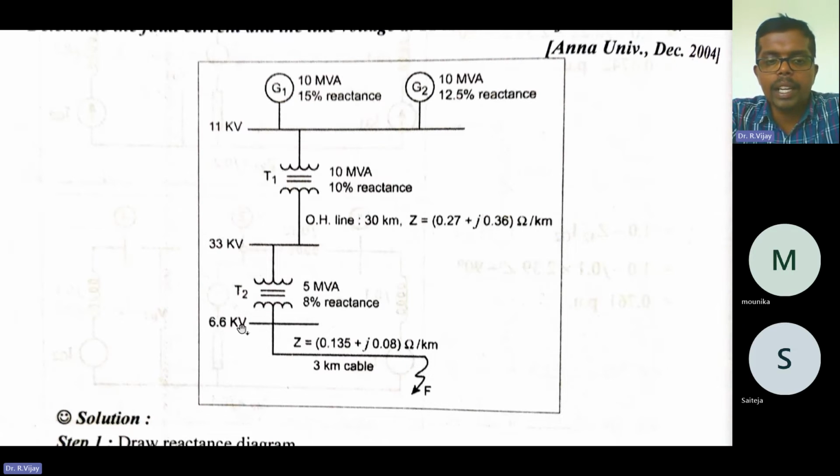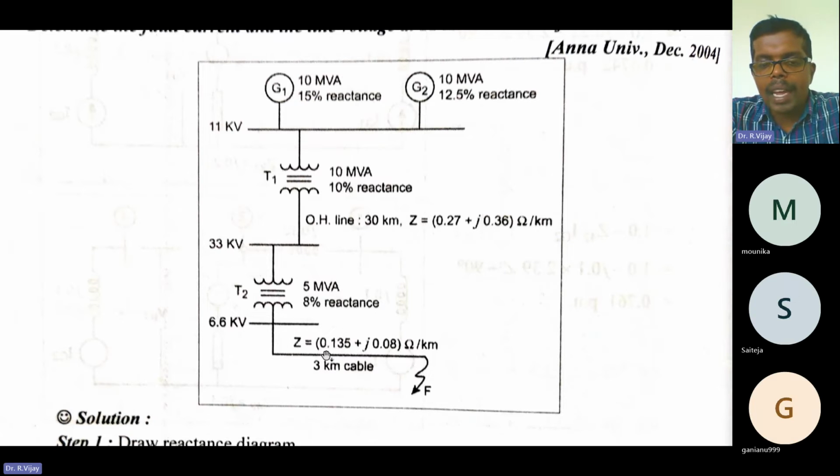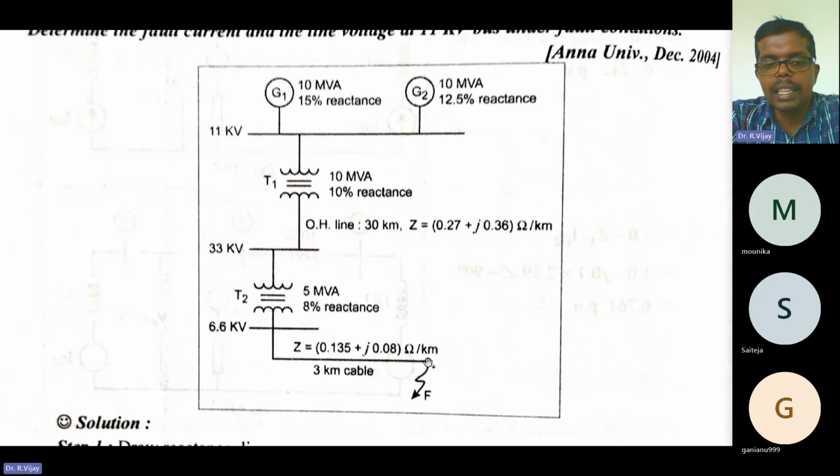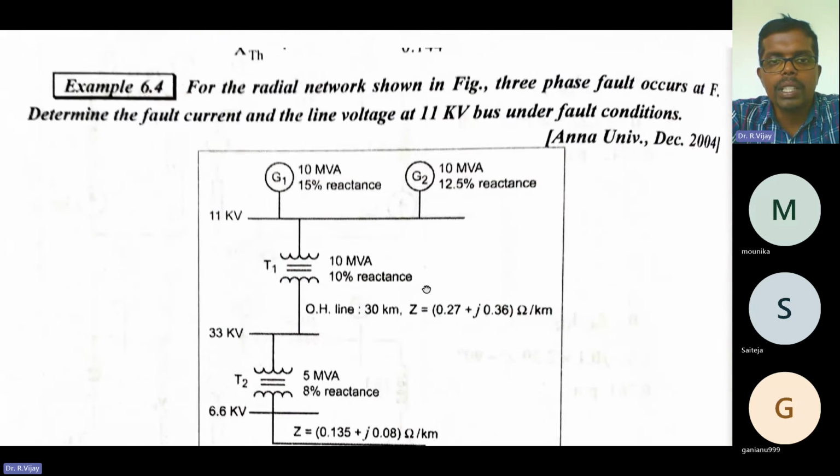Again, it is connected to 6.6 kilovolt, and again there is a cable. The cable is 3 kilometers long, and we have the impedance Z equal to 0.135 plus J into 0.08 ohm per kilometer. Consider the fault is occurring here.